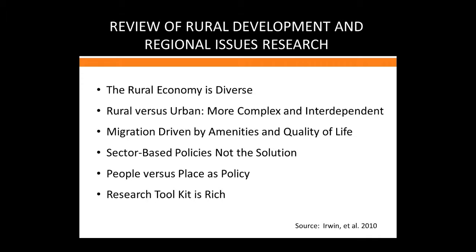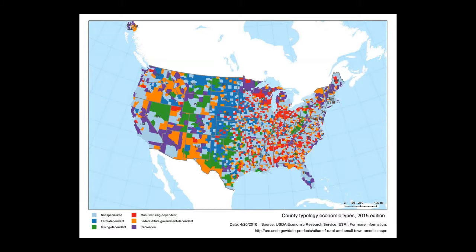Is it the people in rural America we're concerned about, or do we actually have, in effect, some policy that we want to impact place as well? And they conclude with a good discussion of the very rich toolkit that agricultural economists and regional economists have to address many of these rural problems. So again, a few more quick slides.